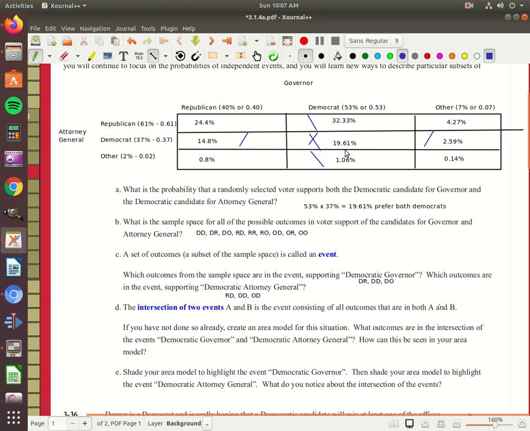So we would say right here, this 19.61. The ones that are in both is DD. They have to like the Democratic governor and the Democratic attorney general. And we would say that is 19.61% of the people.